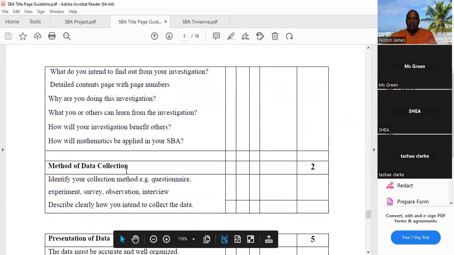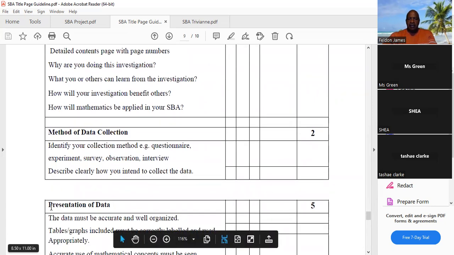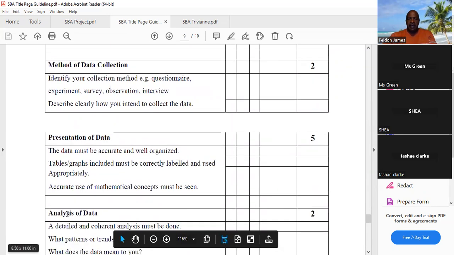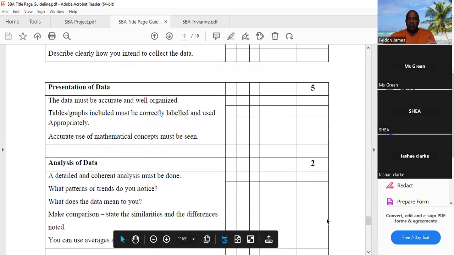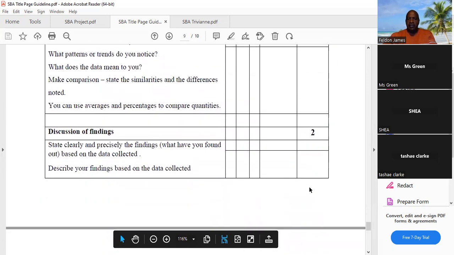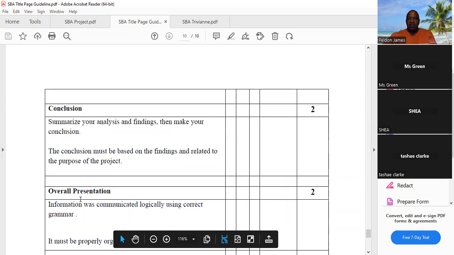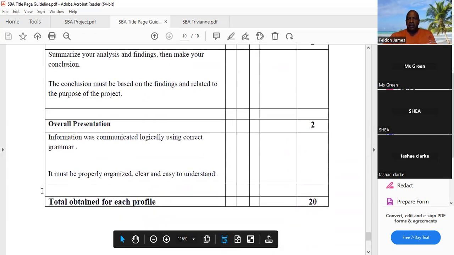Now you have method of data collection. You get 2 marks for that. Presentation of data, 5 marks. Analysis of data, 2 marks. Discussion of findings, 2 marks. Conclusion, 2 marks. Overall presentation, 2 marks.